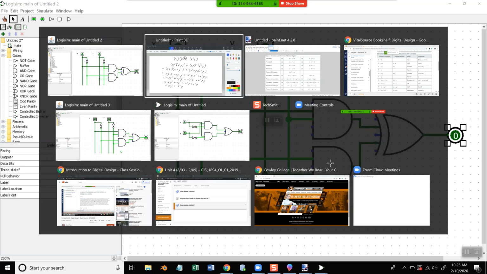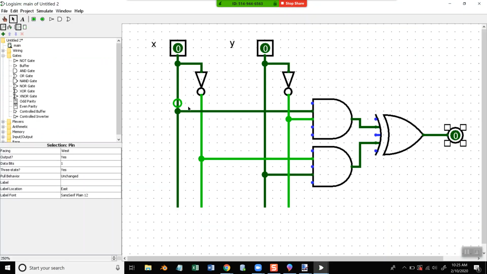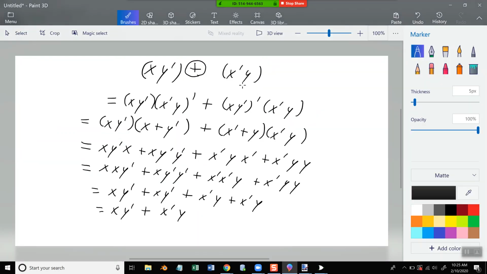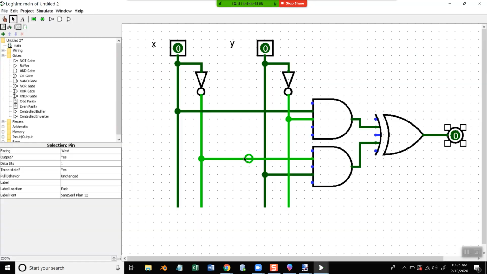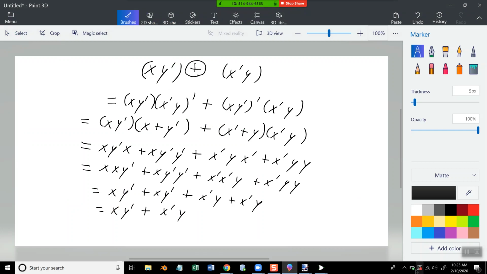XOR here, two ANDs. XOR, two ANDs, X and not Y. X, not Y. This one is not X and Y, not X and Y. Oops.